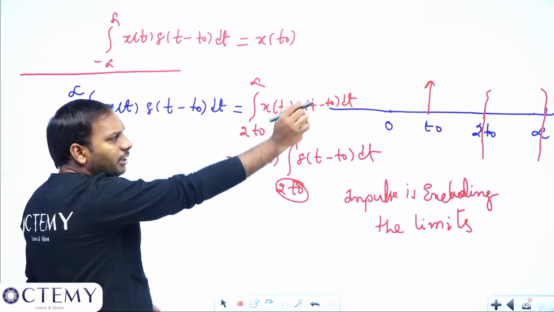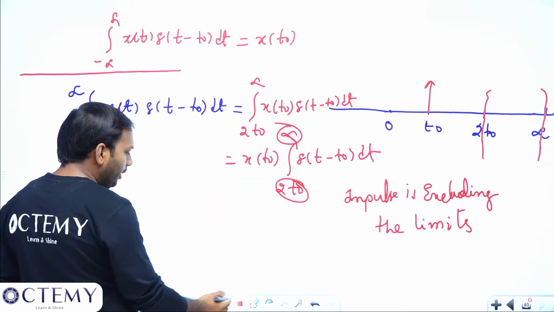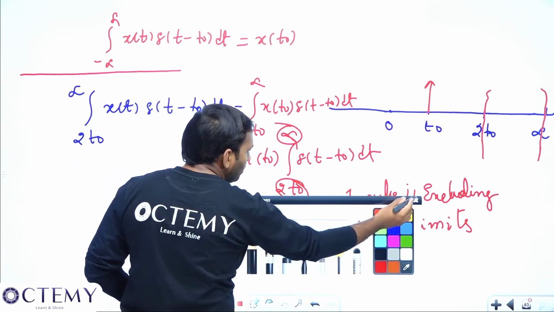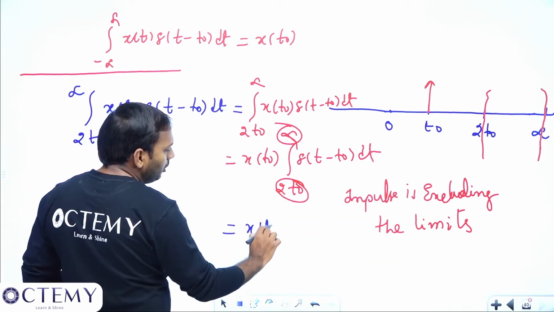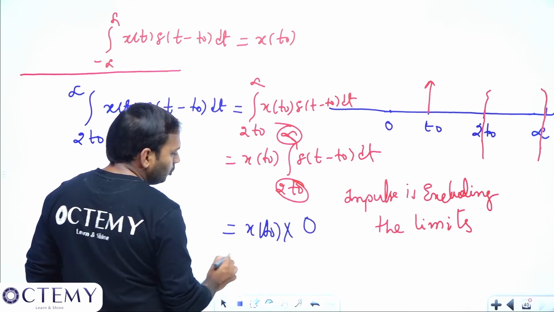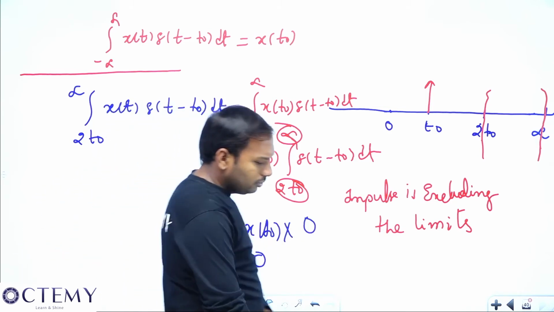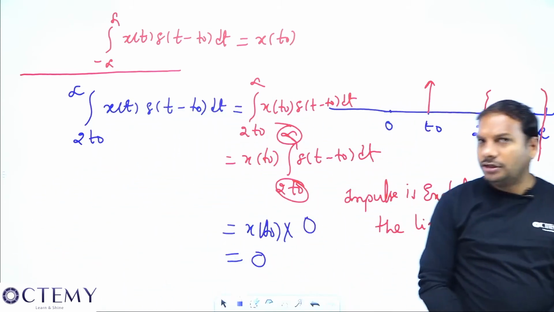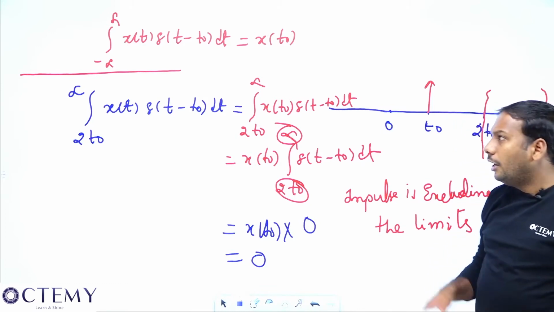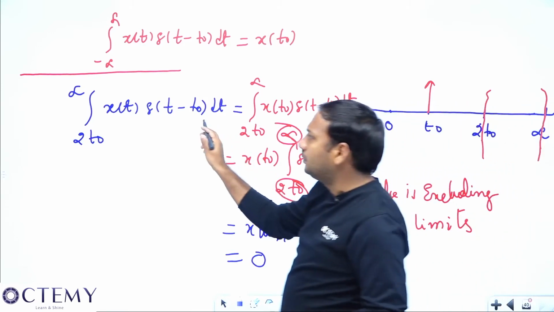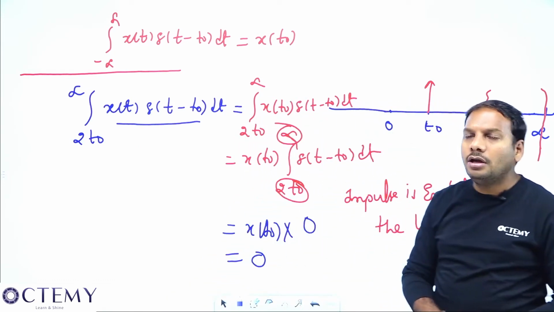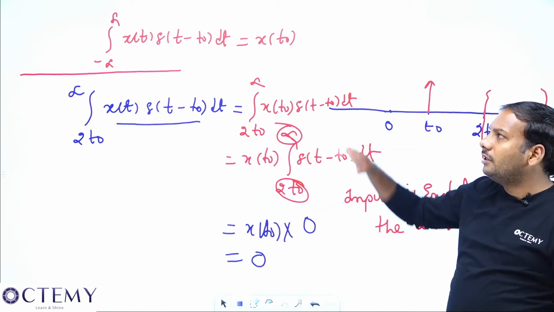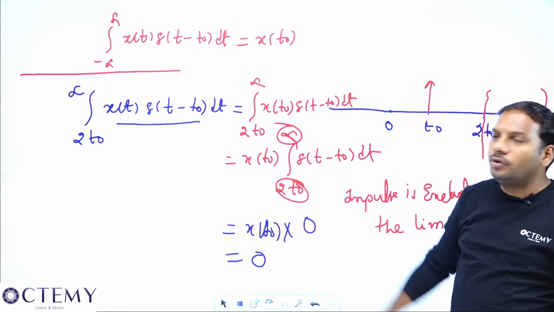Because nothing is there between 2t0 and infinity. So directly the answer is x(t0) times 0, so totally this becomes 0. No need to evaluate. So in problems like this, with x(t) multiplied by an impulse function and integrated, you always have to check whether the limits include or exclude the impulse.